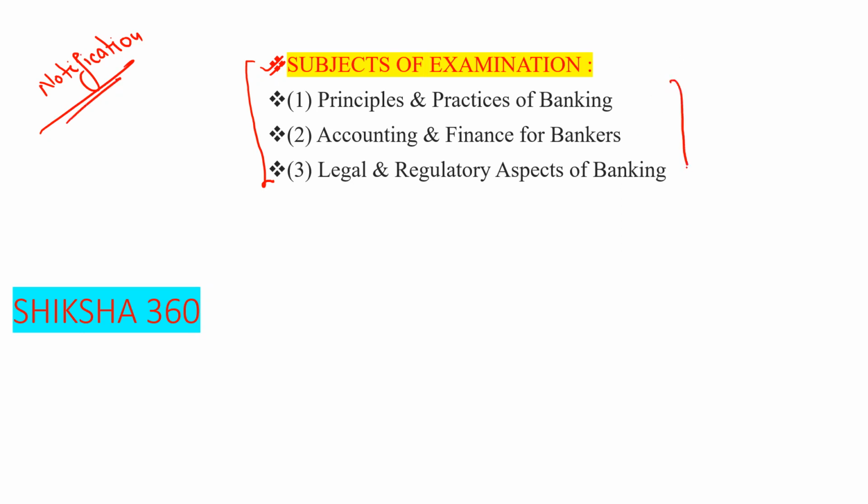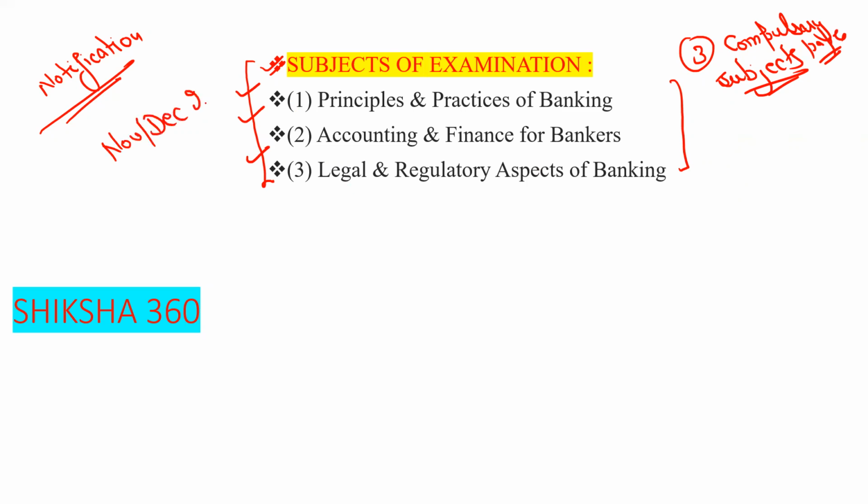Presently on the screen you can see that there are 3 subjects. This is a 3 subject pattern, and all 3 are compulsory papers. So either IABF will hold the examination on this pattern till November, December 2022, or they will change to the new pattern in November, December 2022.